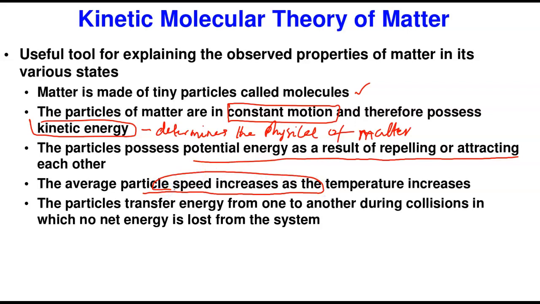And as you increase this average kinetic energy, the temperature increases. That makes sense. As you increase the kinetic energy, the temperature increases, because the more the temperature increases, the more these guys are dancing around, colliding with each other, and then potential energy increases as well.